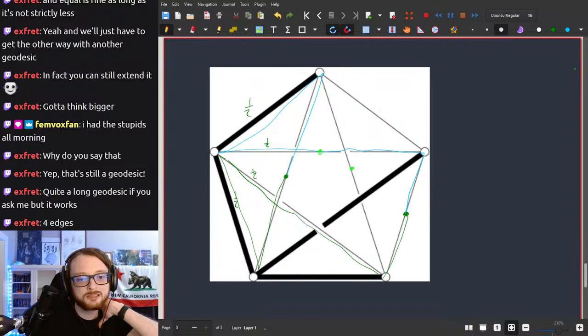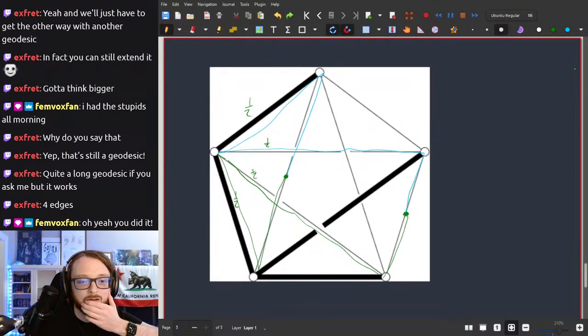Actually, yeah, we have four edges total. I want to choose that point and that point, maybe?